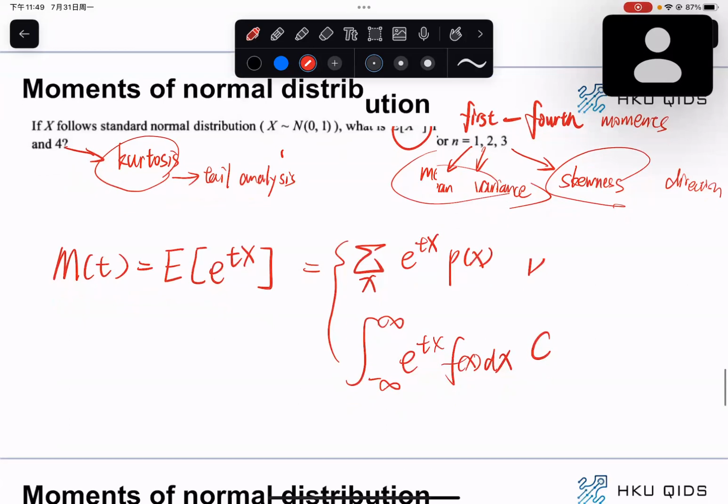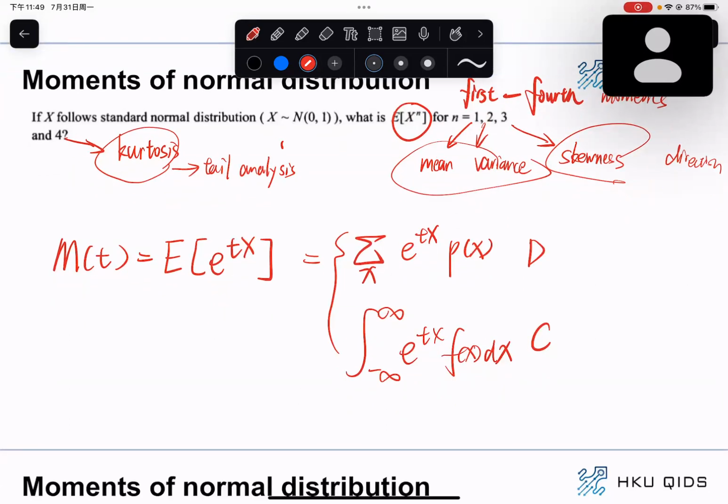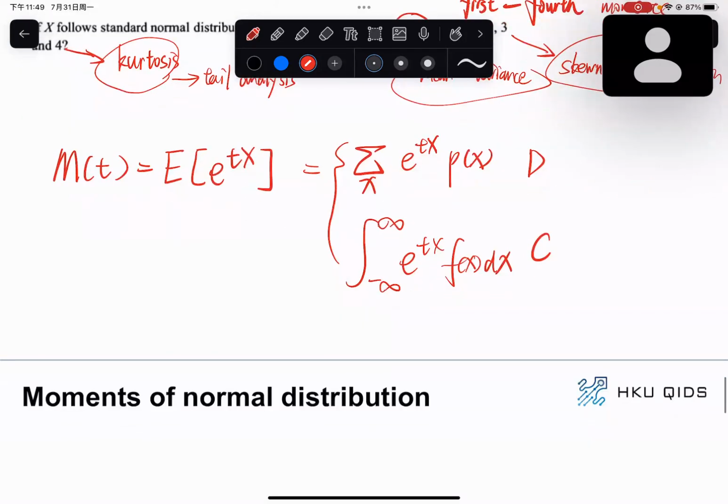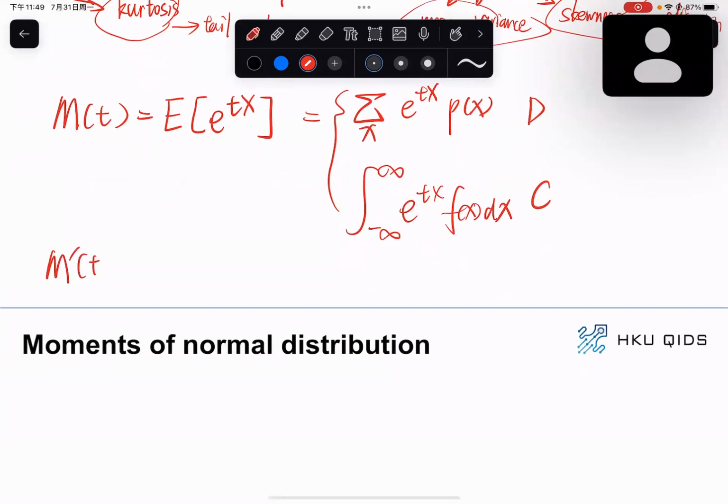So why is this called the moment generating function? Because if we take the first derivative of M(t) with respect to t, with X as the parameter, it is going to be X e^(tX). And then if we set t to 0, this is going to be E[X].